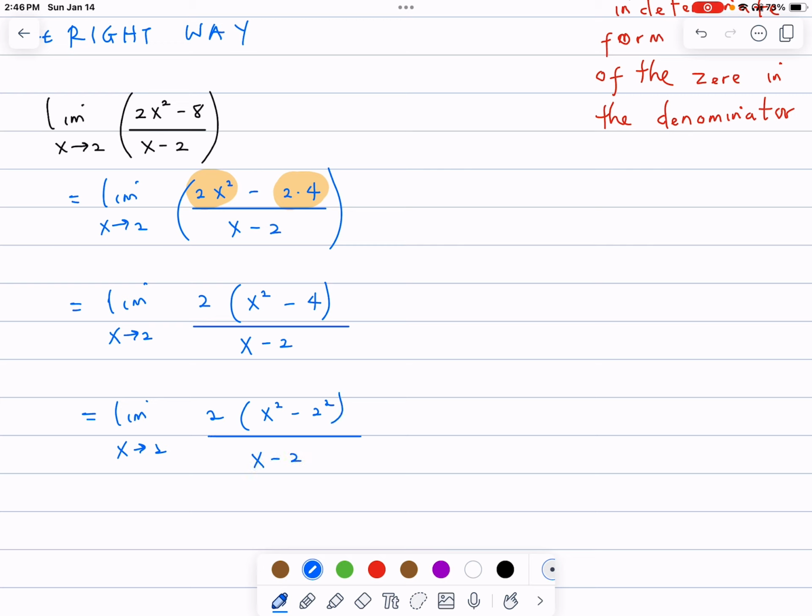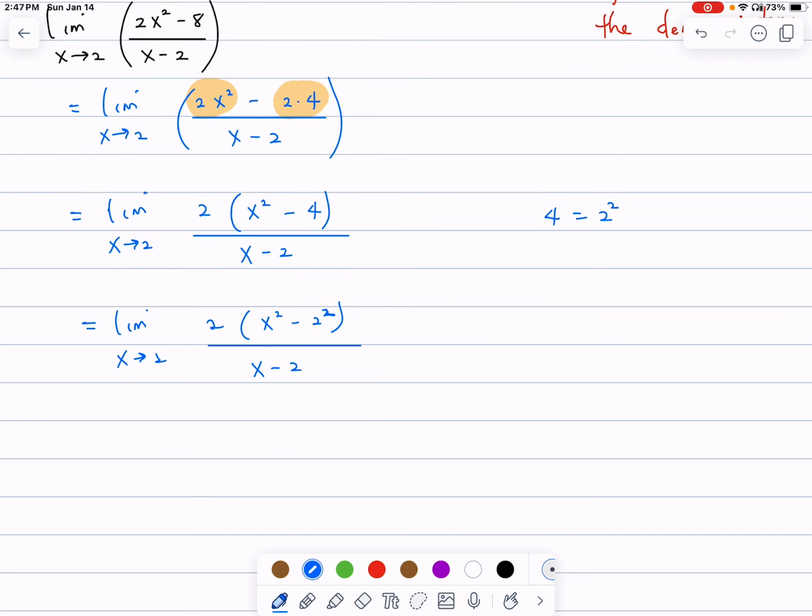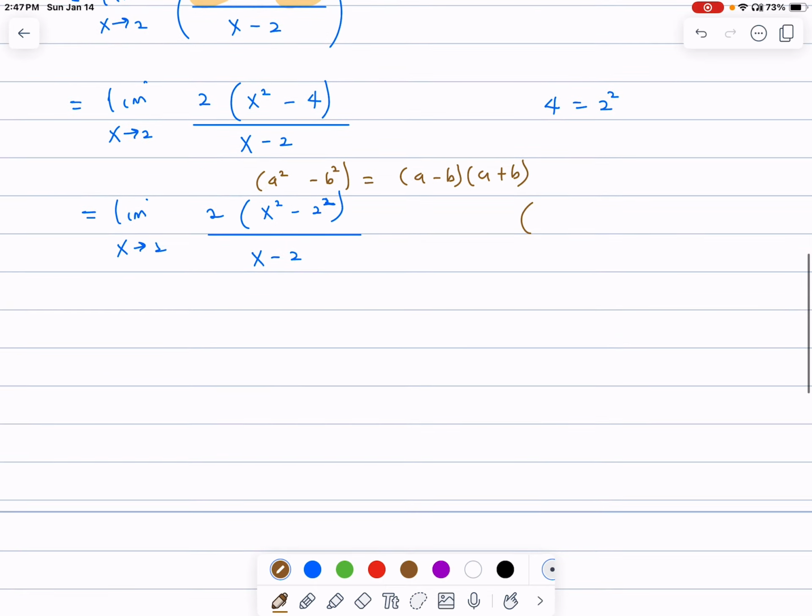So 4 is the same thing as 2 squared, right? So instead of writing 4, I can write 2 squared. And that looks like the difference of squares. The difference of squares says that a squared minus b squared is going to be equal to a minus b, a plus b. So that's the difference of squares. So I can use that for the numerator.